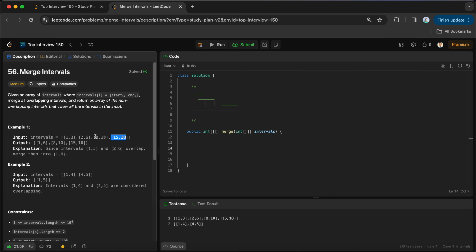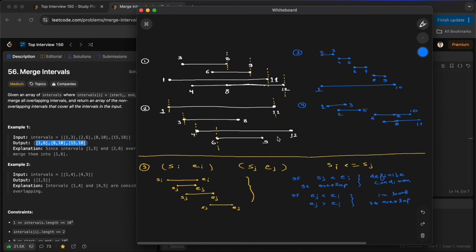So the second interval will be 8 to 10 and the third interval will be 15 to 18. So we have to combine all the intervals which are overlapping and store them as the whole result.